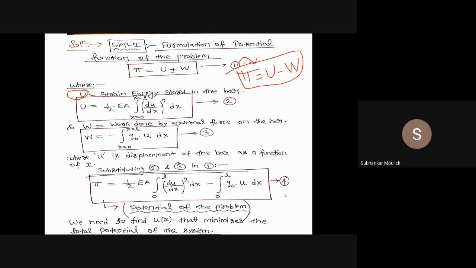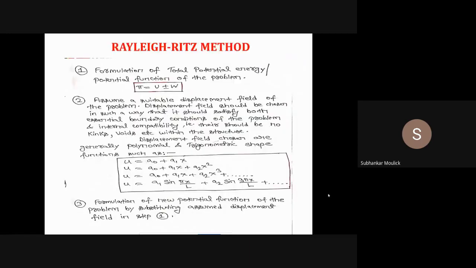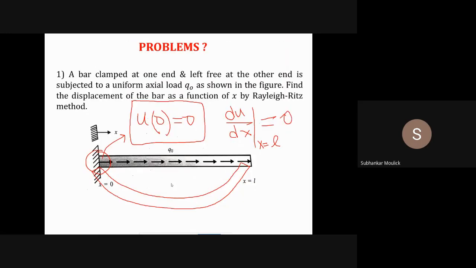Yes, sir. Okay, fine. Next, in the next step we have to assume a shape function or a displacement field of the problem to get the approximate solution.